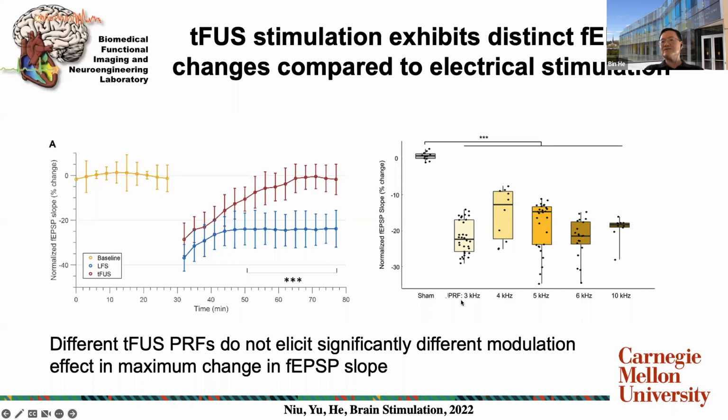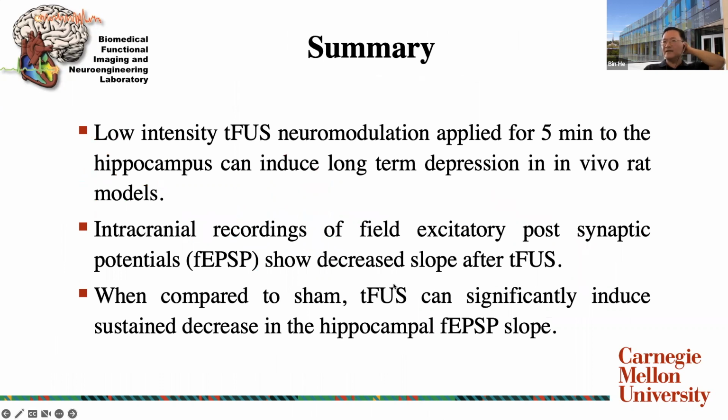In this case, we use a relatively high PRF from 3 to 10 kilohertz. And in this range, we did not see a statistically significant difference in terms of how the PRF impacts the EPSP slope. So this is another experimental finding.